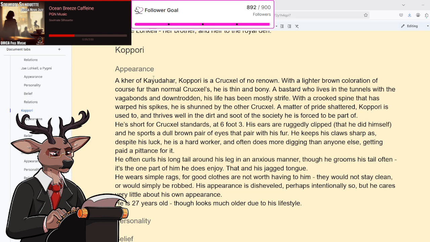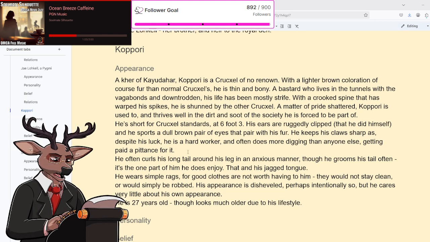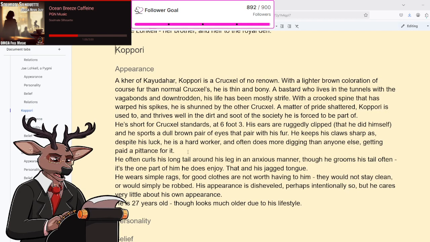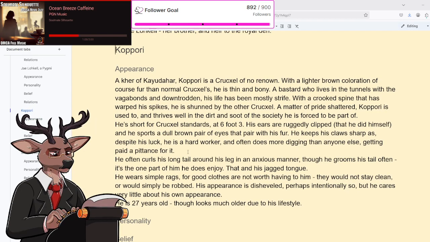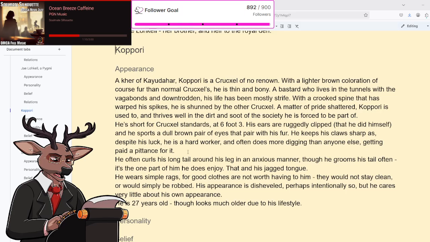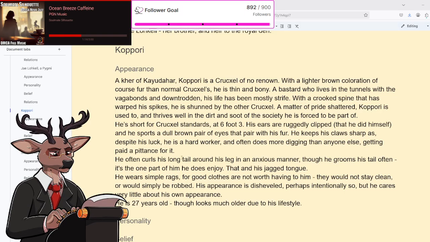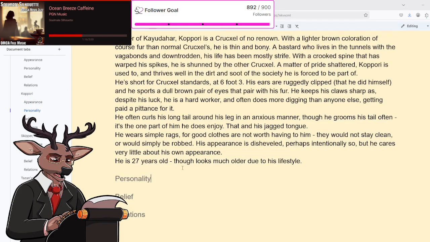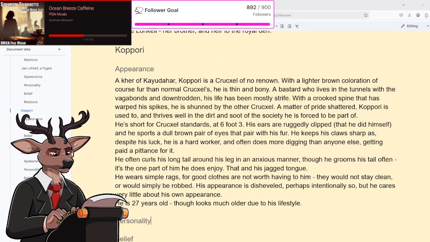He is downtrodden, very low on the food chain, so to speak. That is, of course, his description.